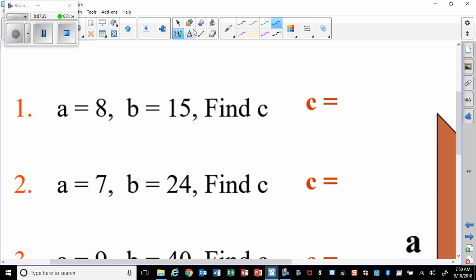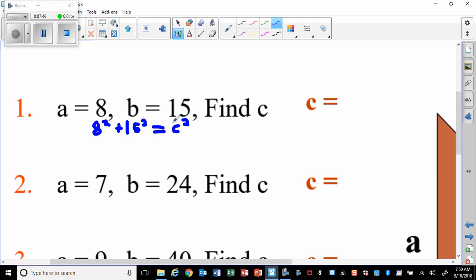So looking at this first one, we would have 8 squared plus 15 squared equals C squared.